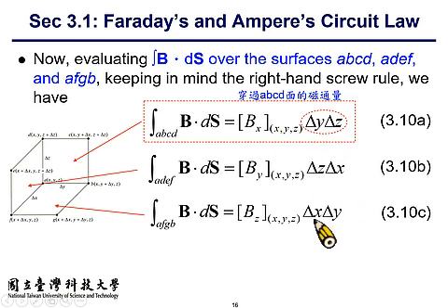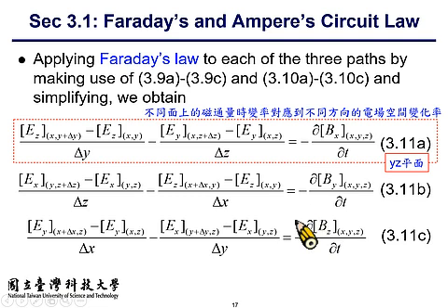Next, we can combine the left-hand side and right-hand side of Faraday's law in this format. Here, in fact, delta y and delta z are originally placed on the right-hand side, and delta t is placed below. So you divide both sides by delta y and delta z.